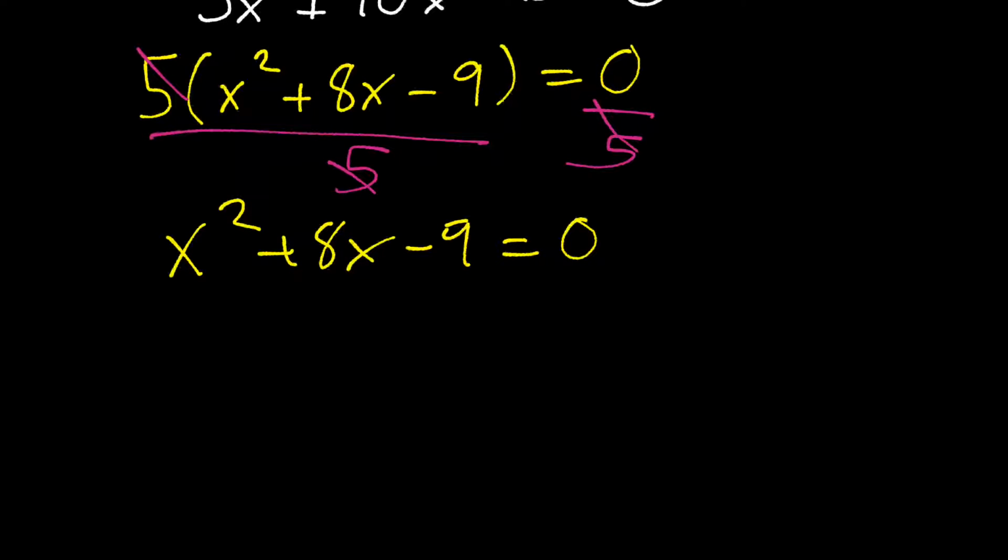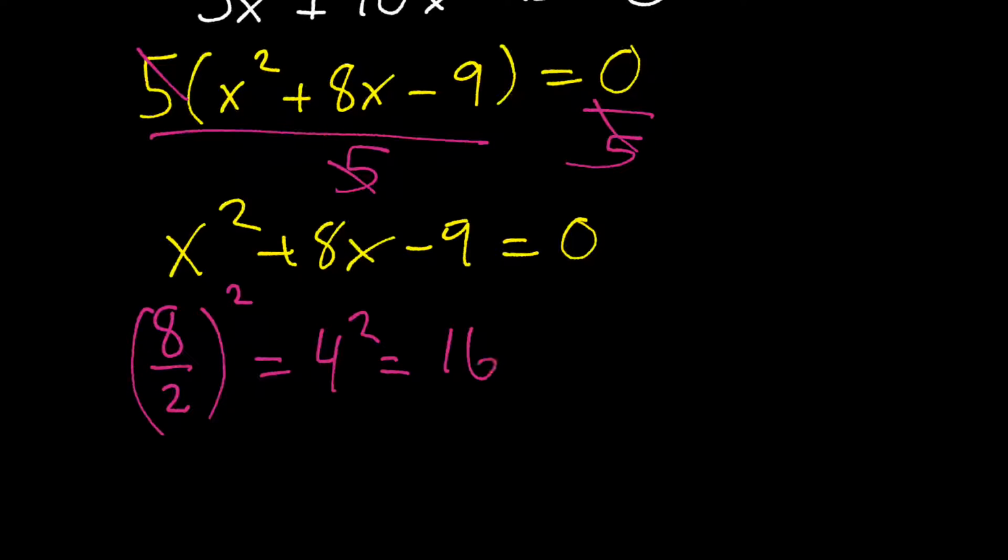And this looks just like a problem from video 1. We're going to be using the same techniques. So I have a B that is even, it's 8. So, just like before, take 8, divide it by 2, square it, and that's going to give us 4 squared, which is 16. And now we can place it into our equation so that we get a perfect trinomial just like we wanted.